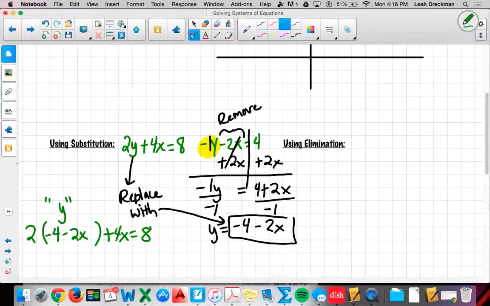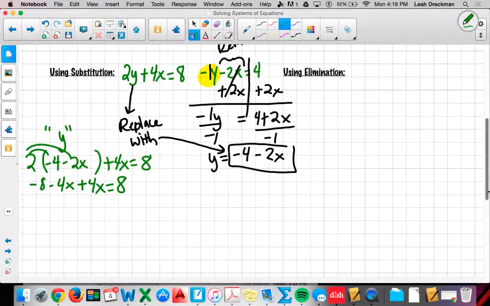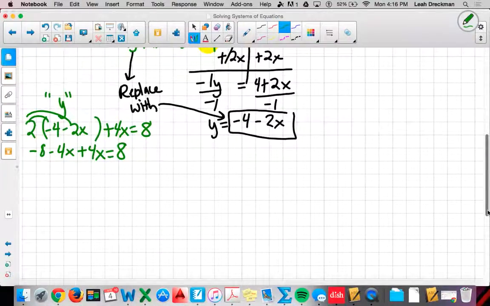And our whole goal now is to just combine like terms. And again, we did a lot of this first semester, so this should look pretty familiar. All right, so if I distribute the 2, we get negative 8 minus 4x plus 4x equals 8. Looks kind of interesting.